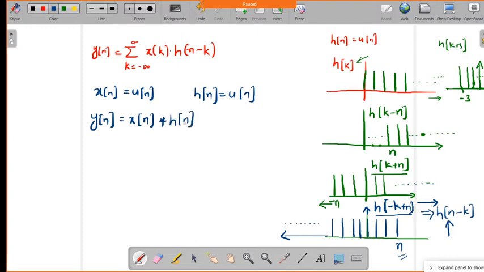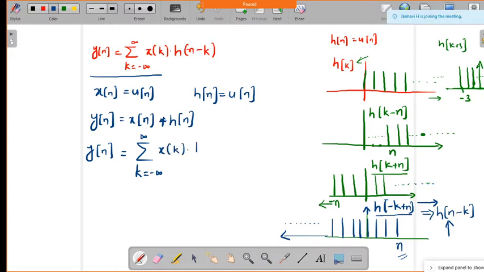So now use the expression: y of n equals summation k equal to minus infinity to plus infinity, x of k into h of n minus k. So now we need to define these two signals.